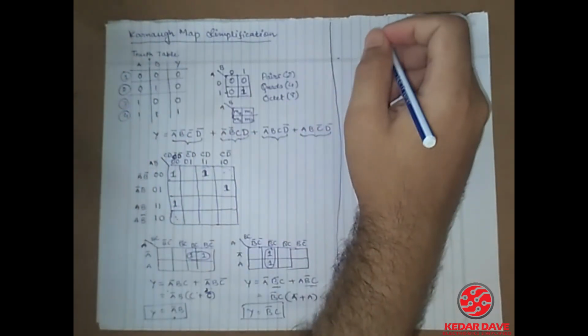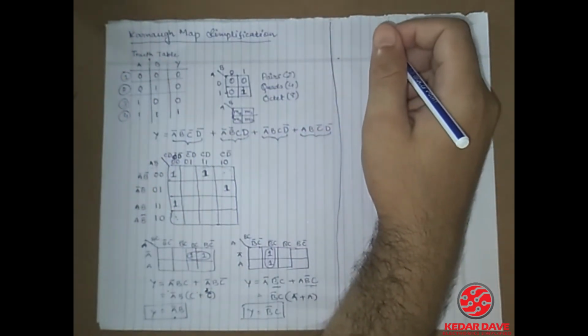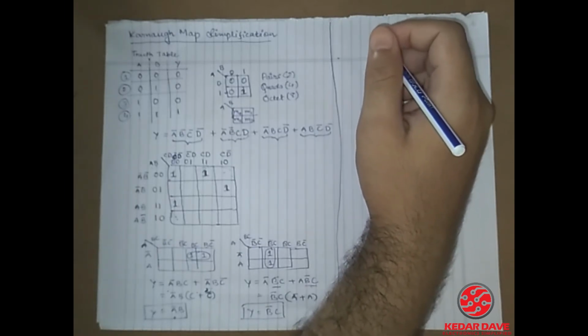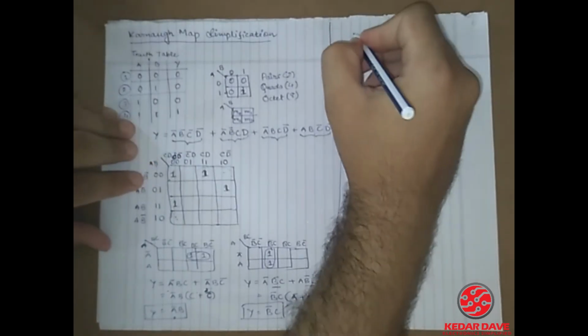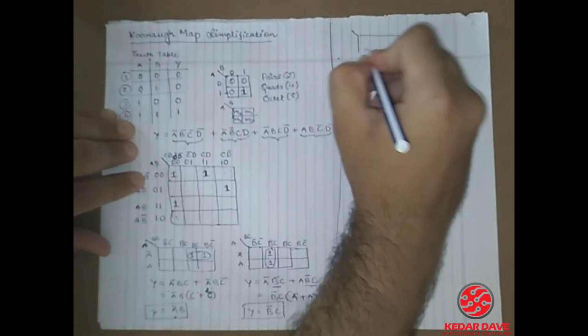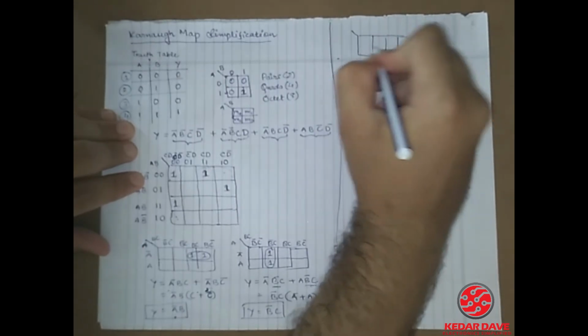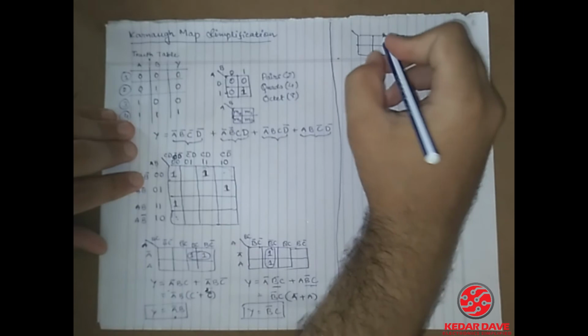One more case, that of 4 variables, and how a pair can be formed. So one more case is that if we take the same Karnaugh map, but the ones will be different, and how it can be different, let's see.